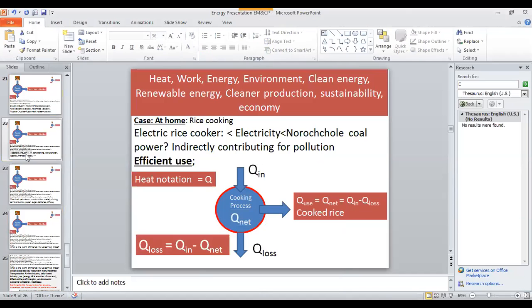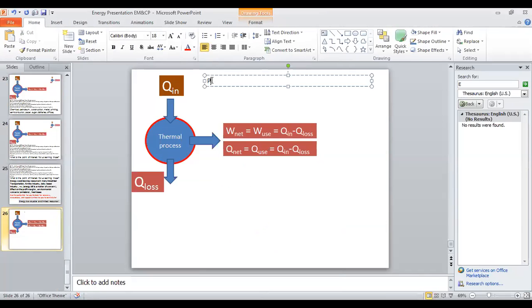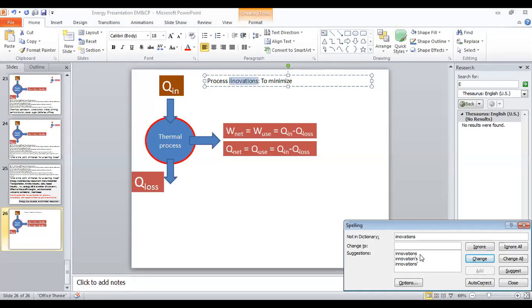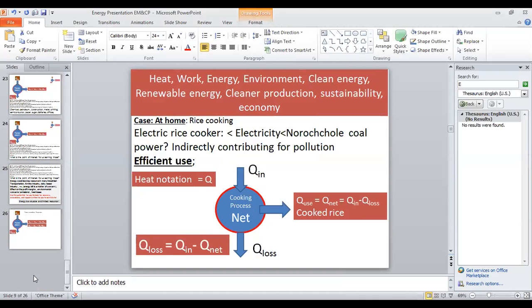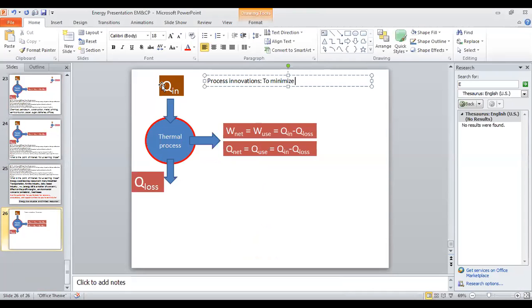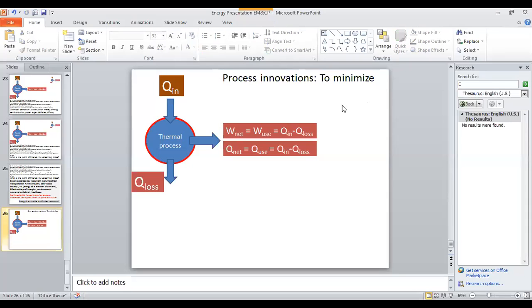You can give the ideas or directions. Process innovations to minimize thermal input. For similar outputs, when you innovate your process, your Q in will be minimized.